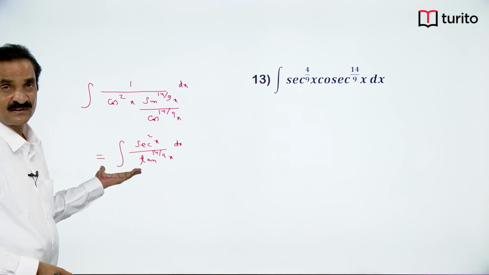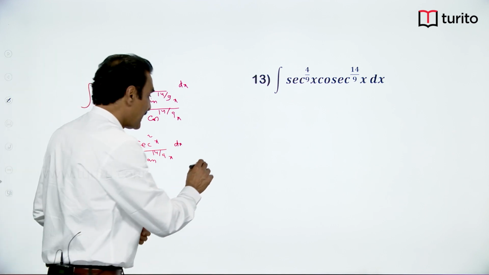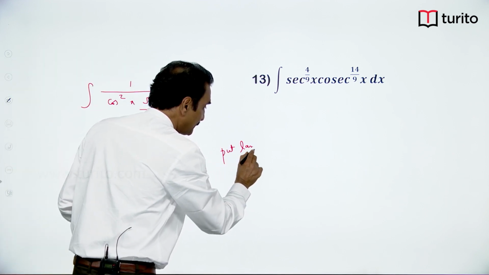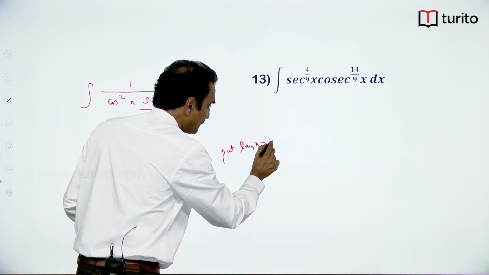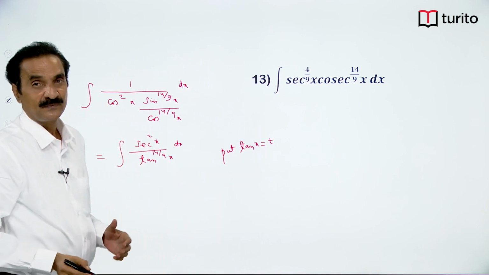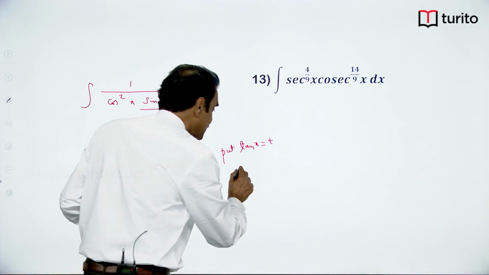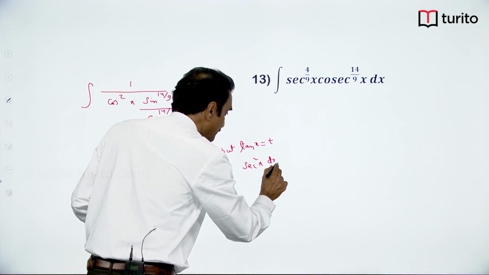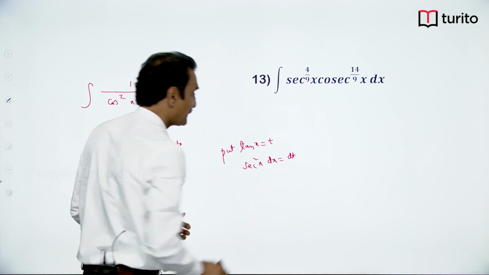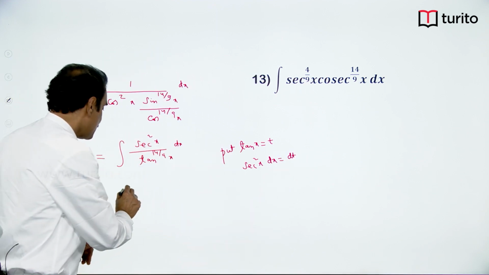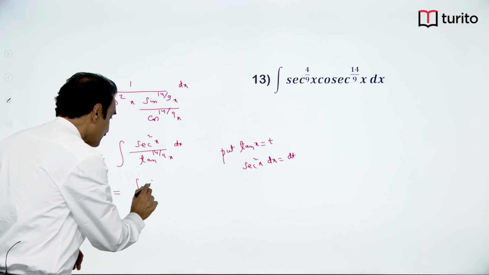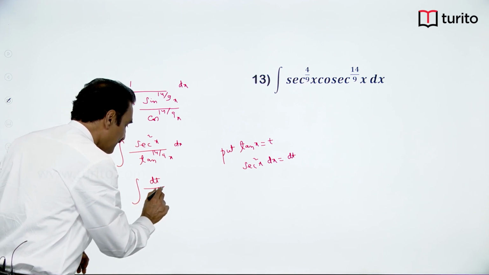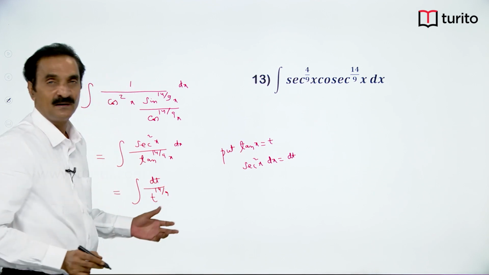Now, secant square x is the derivative of tan x, so put tan x equal to t. Okay. Then secant square x dx is dt. Then it becomes dt by t power 14 by 9.